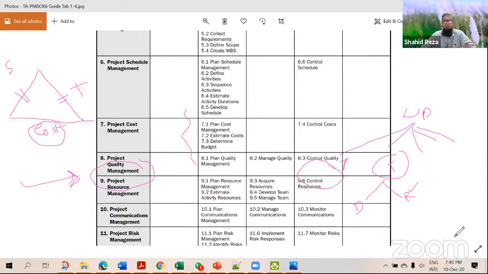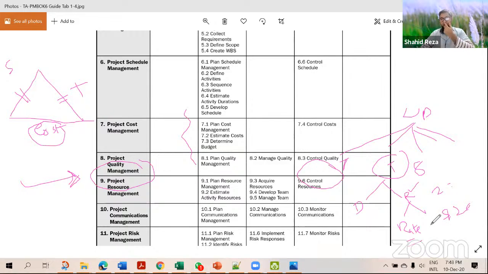Now, if I just know the rate of all resources, whether material resource or physical resource, then we can easily calculate the cost. For example, if this task takes 8 hours to complete and two people will work here, and resource 1 and resource 2 each have, say, $20 per hour cost.